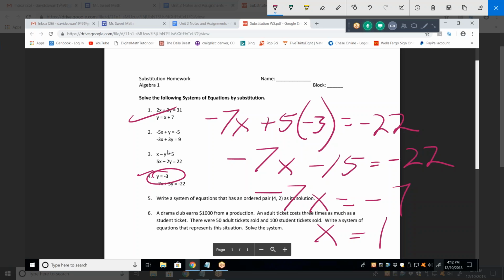Standard format being where you have ax plus by equals c. In other words, you have your x and your y terms on the left side of the equation, and a number on the right side. Whenever you have 2 of them in standard format, then elimination is almost always better.